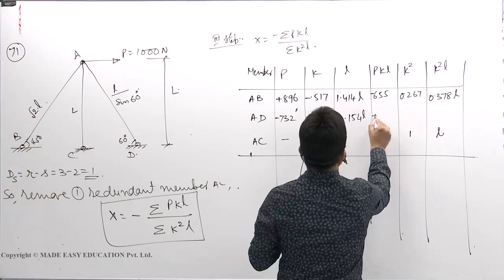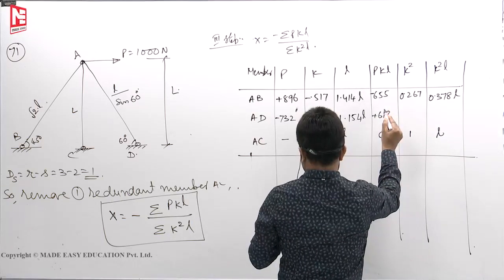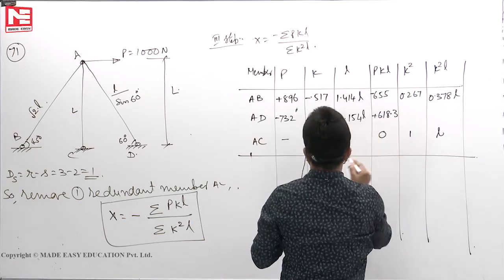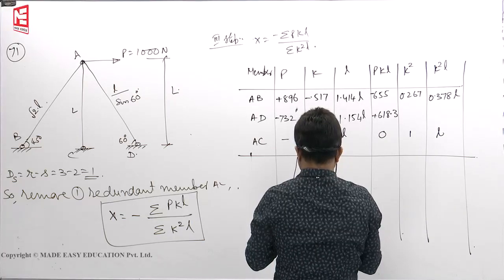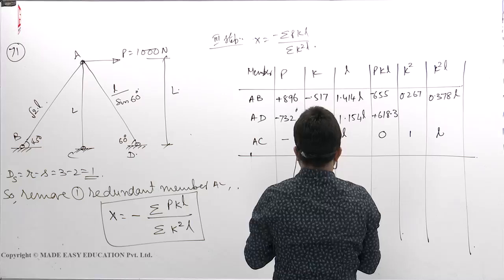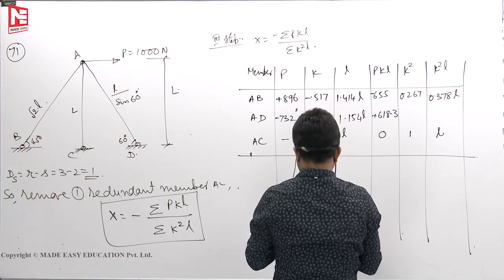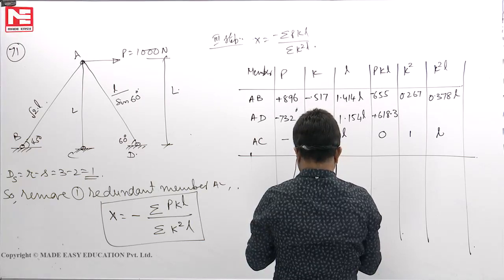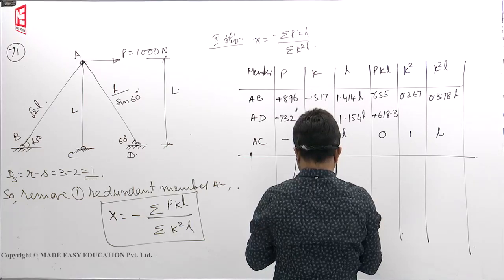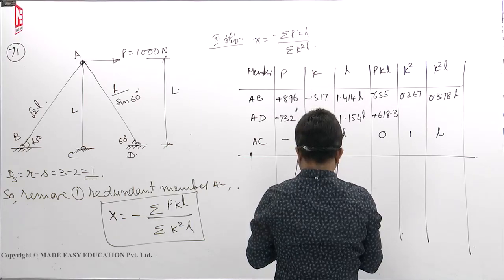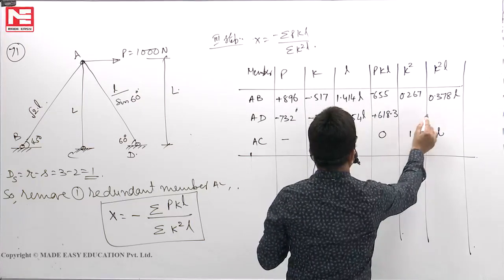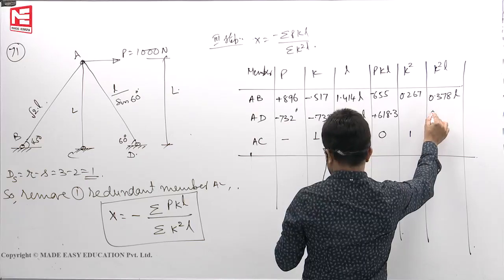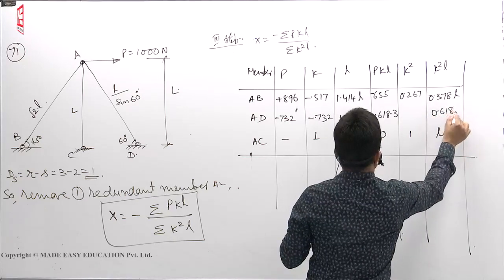This will become plus 618.3. K square means 0.732 square into 1.154. This value will get 0.618 L.